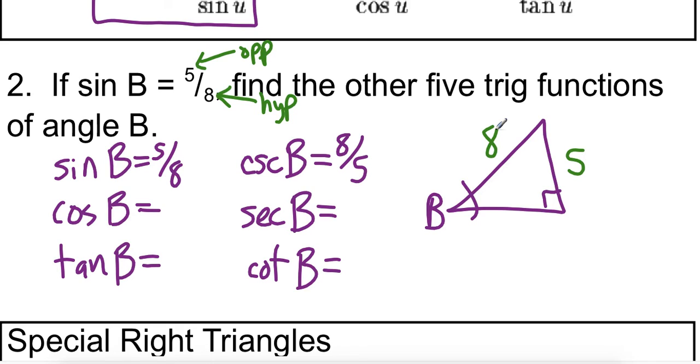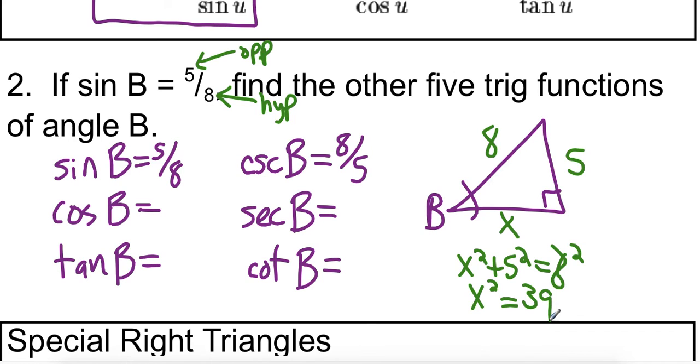So we're just going to use the Pythagorean theorem. I'm going to call this x for now. So x squared plus 5 squared is 8 squared. We square those and subtract 25 from both sides, so we get x squared equals 39. Take the square root, so x is going to be the square root of 39. It has to be positive because it's a length of the triangle.